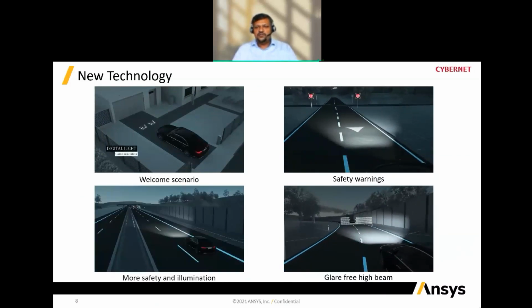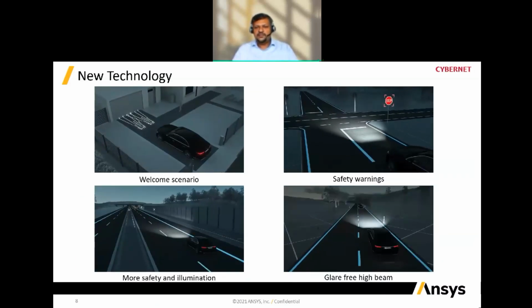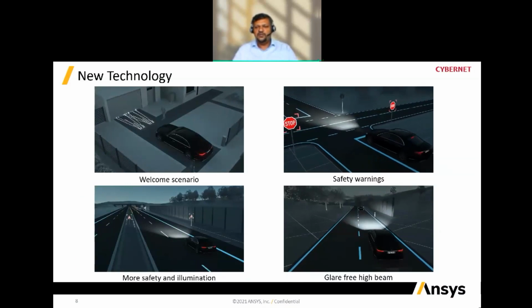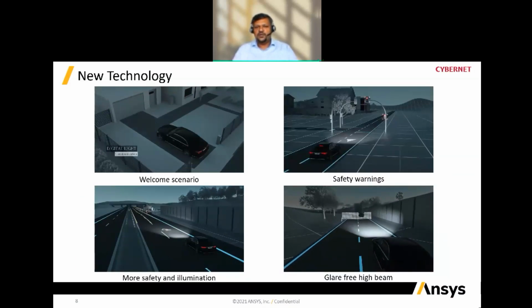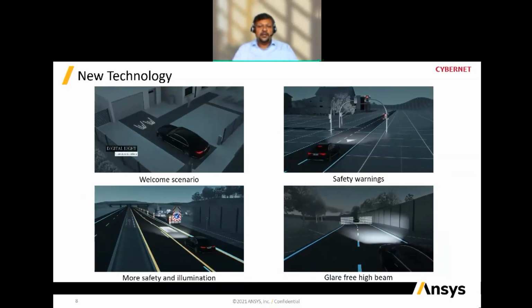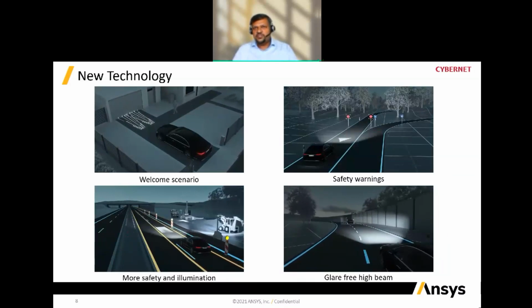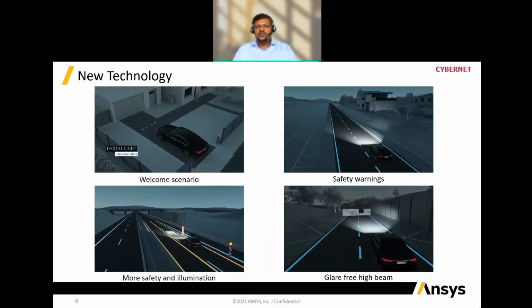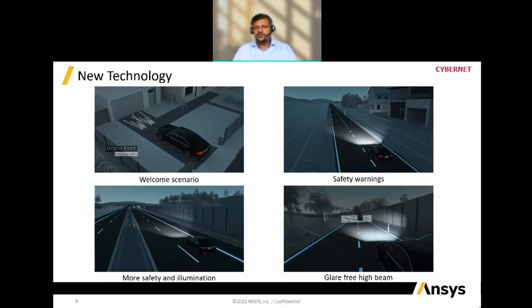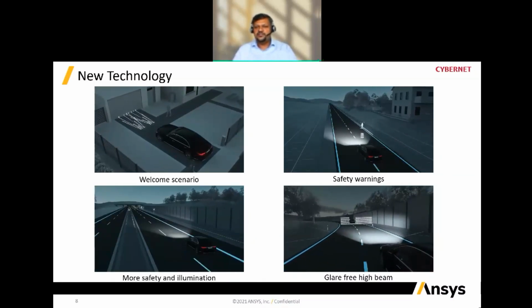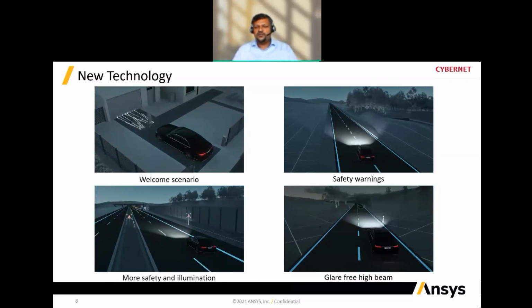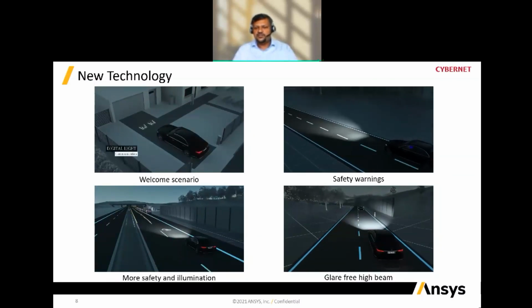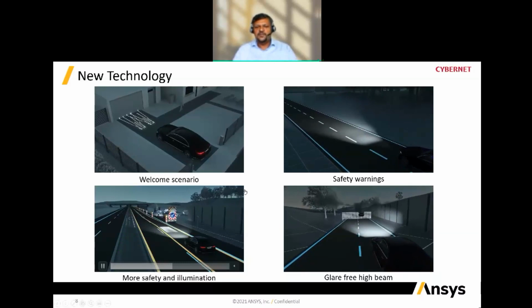How can I make sure these lamps are going to work effectively for the new car line we are developing? Can I do a test drive? Can I check my software or the control logic which is supposed to make some changes based on vehicle detection or pedestrians? All these kinds of testing, how can I do it virtually? That's something we can achieve with the product.